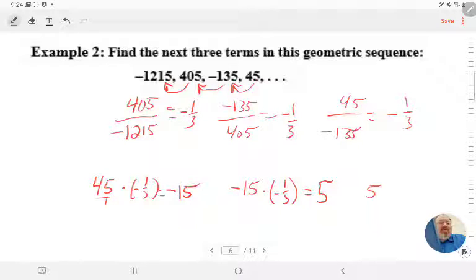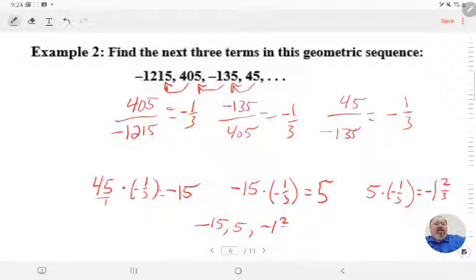And then I would take 5 times a negative 1/3, and that's going to give me a negative 1 2/3. Okay, so my three next terms would be negative 15, 5, and negative 1 2/3. Okay? All right.